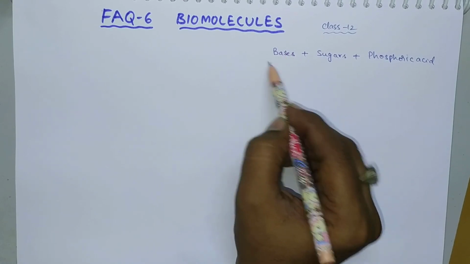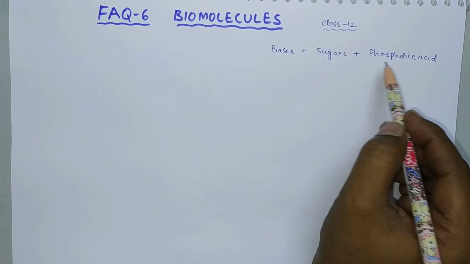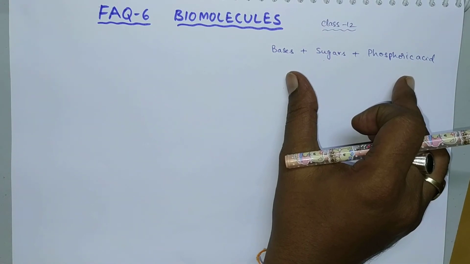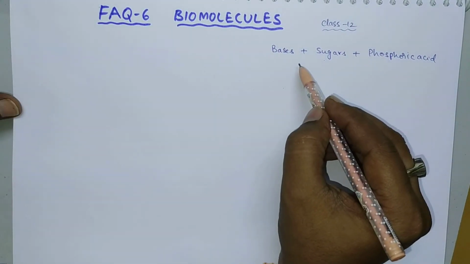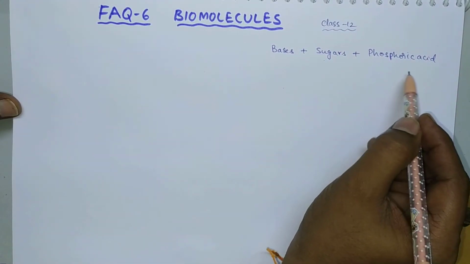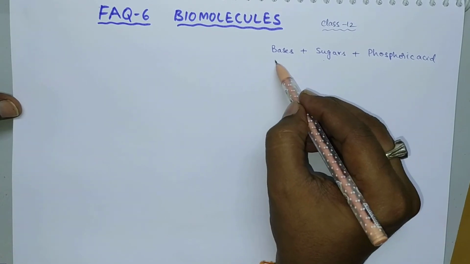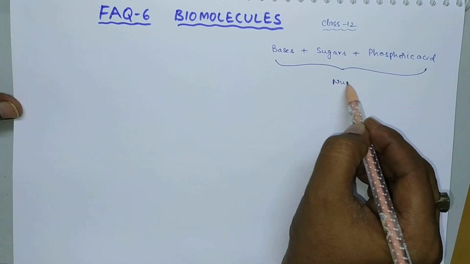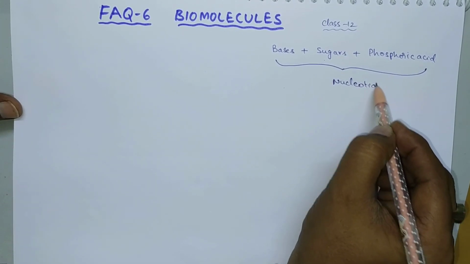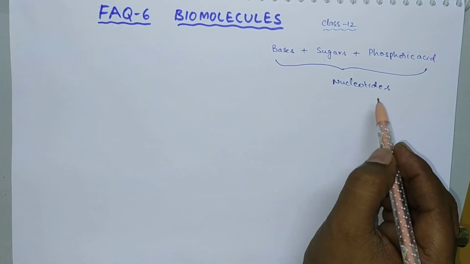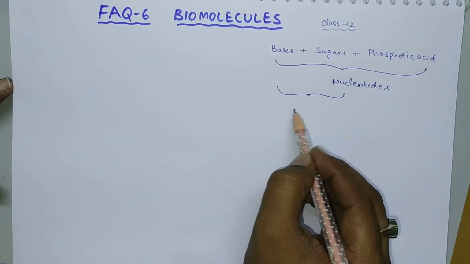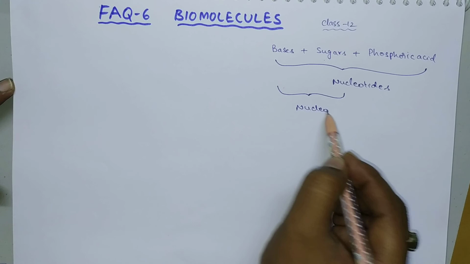The combination of these three, base, sugar and phosphoric acid, is called a nucleotide, whereas the combination of base and sugar is called a nucleoside.